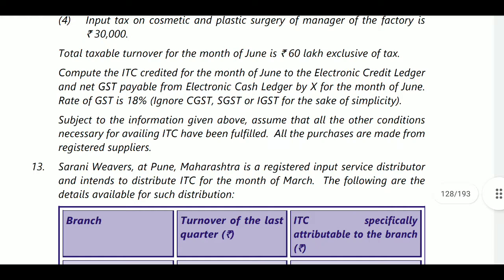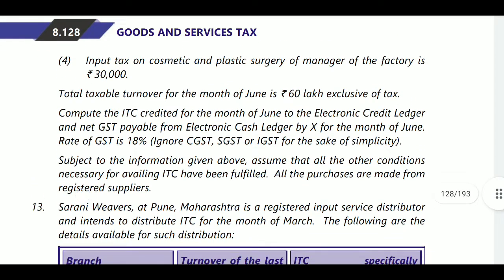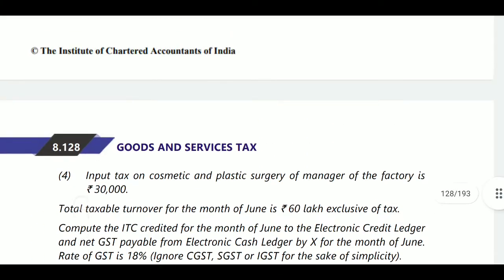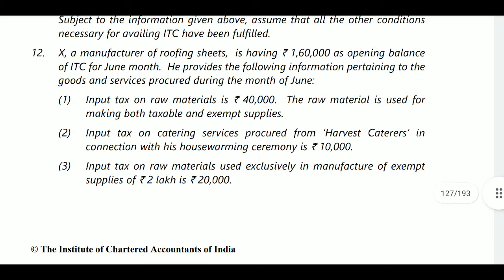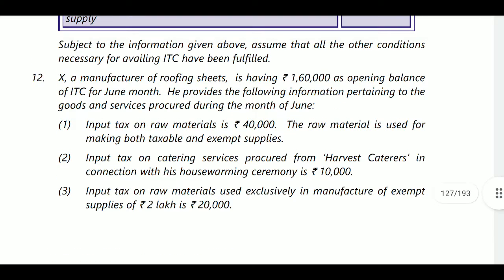Next, compute the ITC available for the month of June and the net GST payable through the electronic cash ledger by X. In the month of June, the rate of GST will be 18%. So here the taxable turnover of 60 lakhs into 18% gives the tax amount, and deduct the ITC available. The opening ITC is 1,60,000.